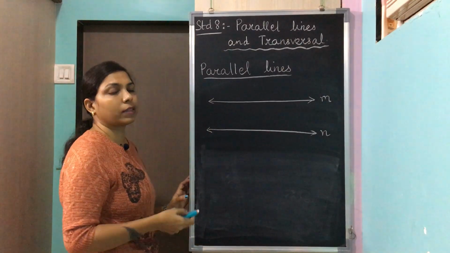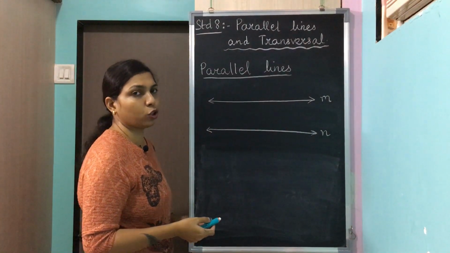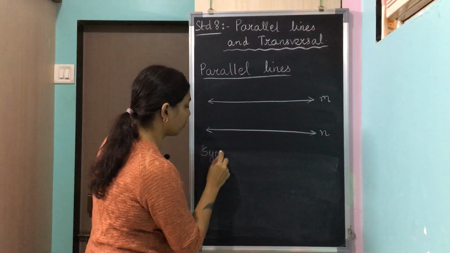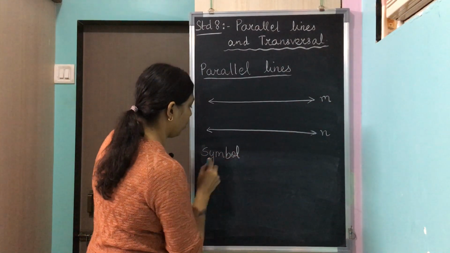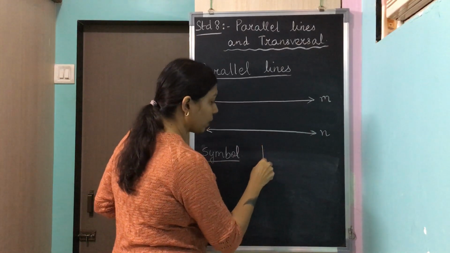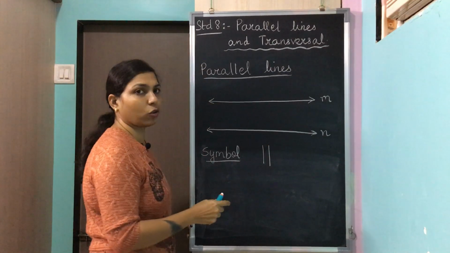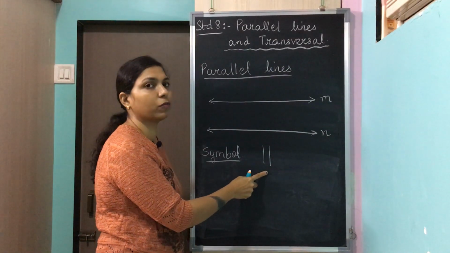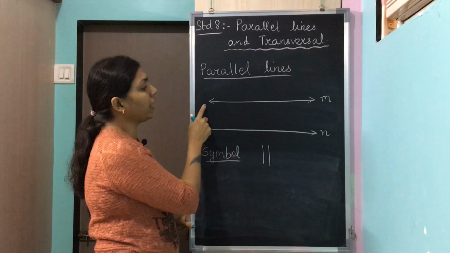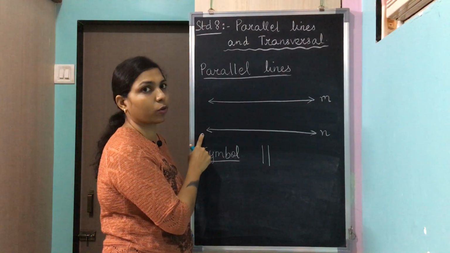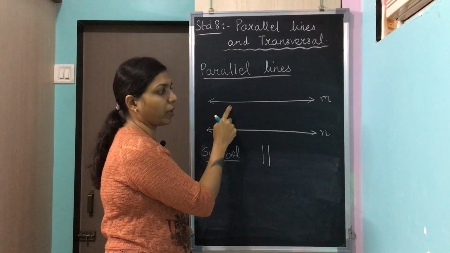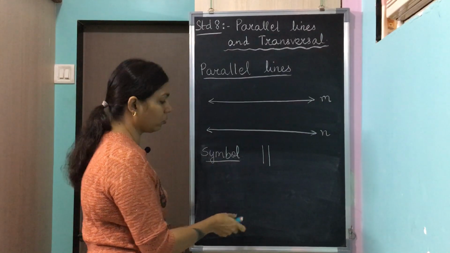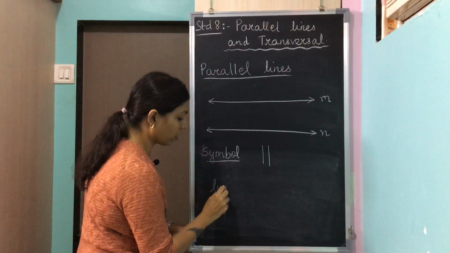Now students, the symbol that we use to show the word parallel is like this. We draw two lines next to each other, which means that this is the symbol for the word parallel. If we have to write this down in words, that line M is parallel to line N, you will write it down like this.